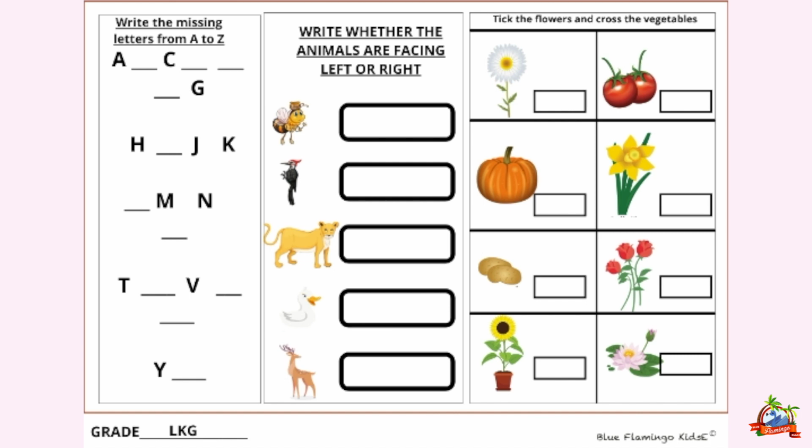U for umbrella. V for van. W for watch. X for Xmas tree. Y for yacht. Z for zebra. So we have done the missing letters.